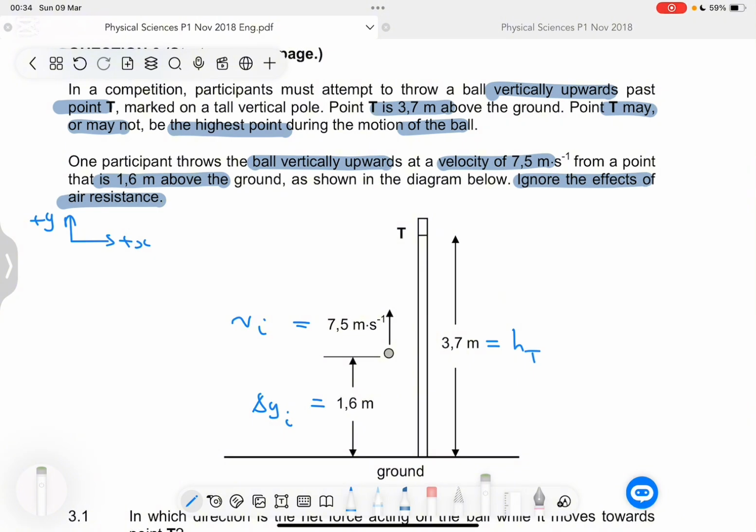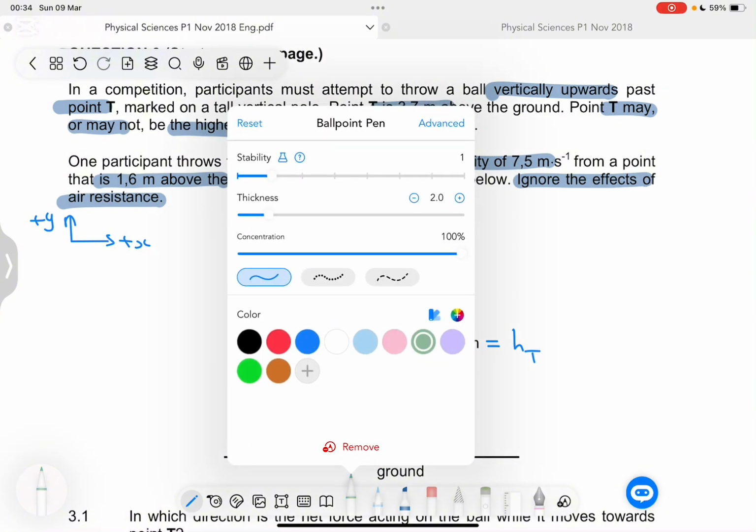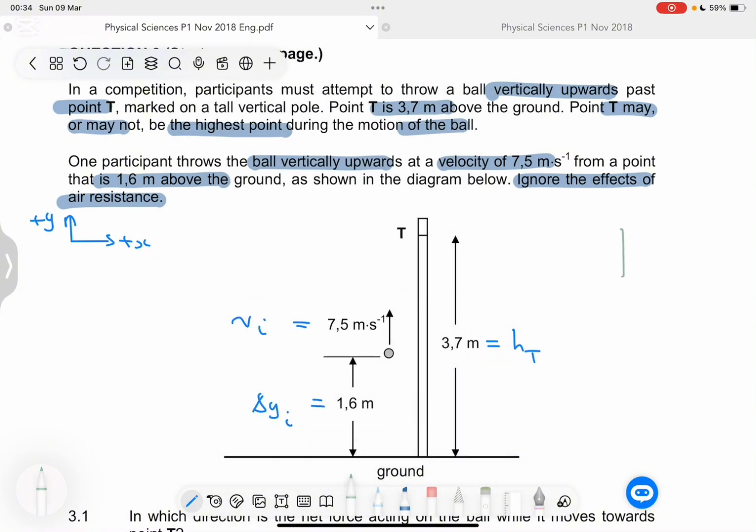The other important statement is that we should ignore the effects of air friction. That would mean that we have here the force of gravity being the only force that acts in this situation, and we all know that the force of gravity always points vertically downwards towards the center of the earth, because if we ignore air resistance, it means there are no other forces.